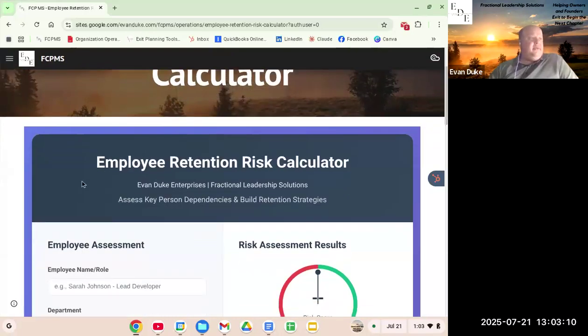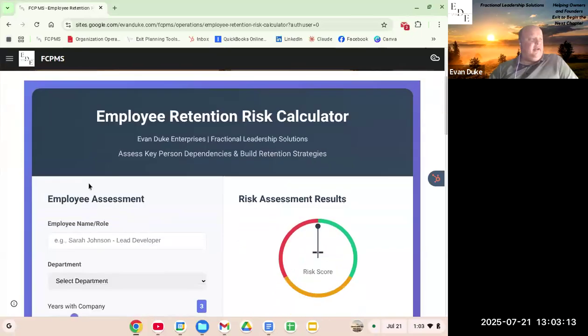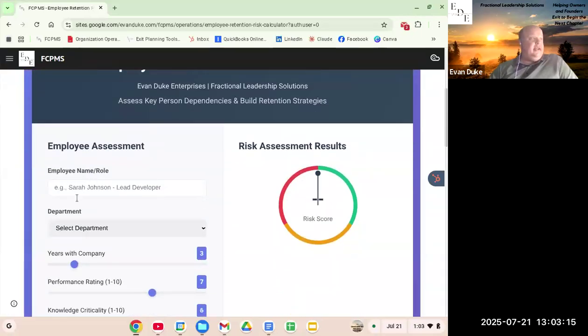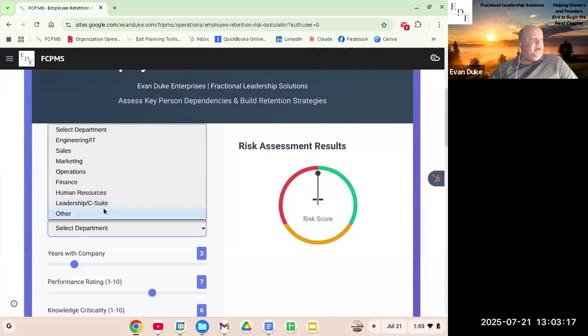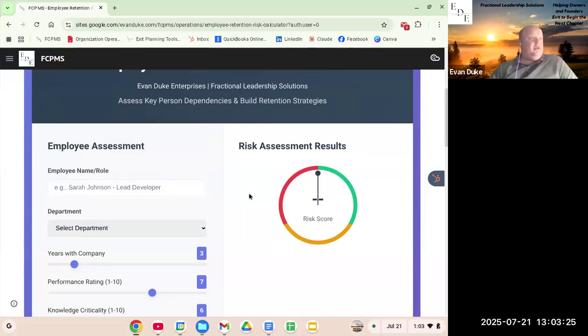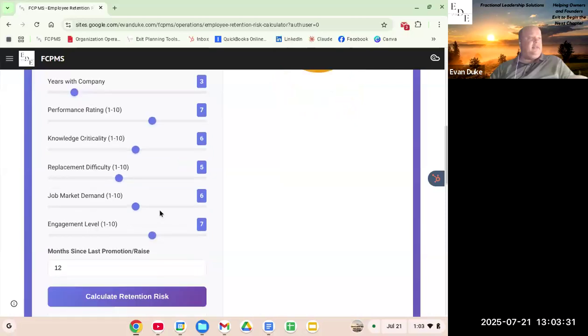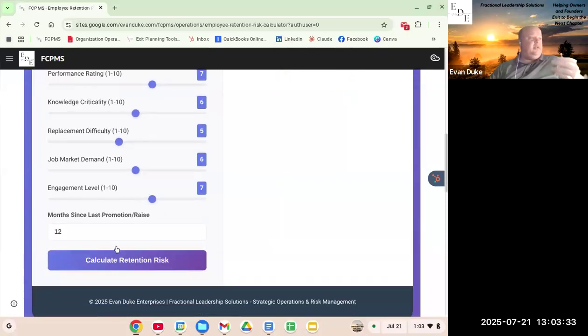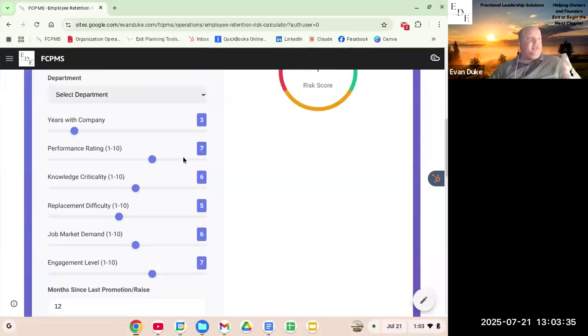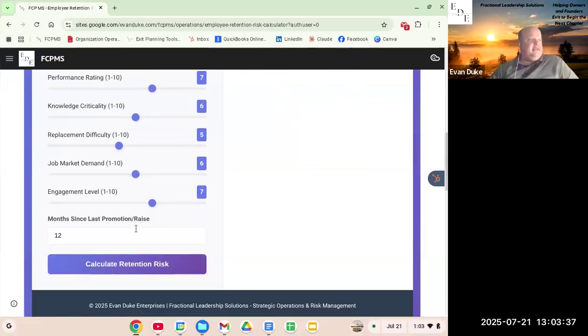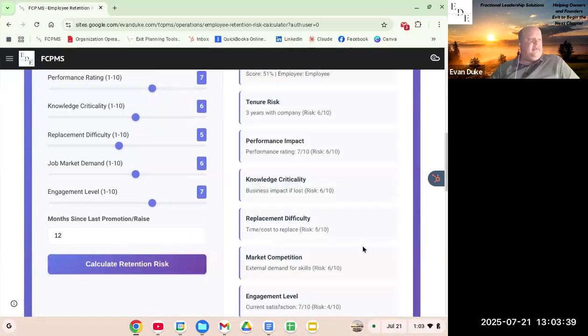With this calculator, we go through the name, select the department, everything from C-suite leadership to engineering, IT, sales, marketing. We put in their name, department, years with company, all of these numbers, and we'll just leave these numbers as is and calculate the retention risk.